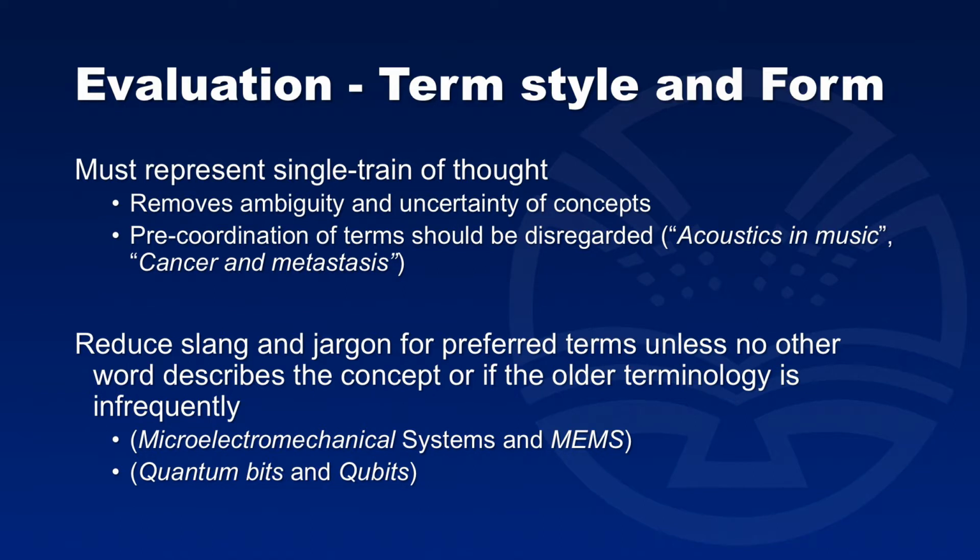You also have to keep in mind that each term must represent a single train of thought. It has to represent one idea and one idea only. A lot of the times when we're reviewing vocabulary lists, we'll get a lot of pre-coordinated indexing terms. So we'll get terms like acoustics and music, acoustics and biology.